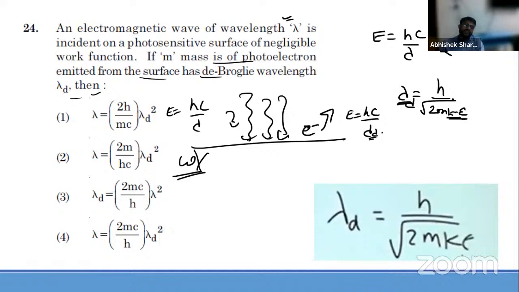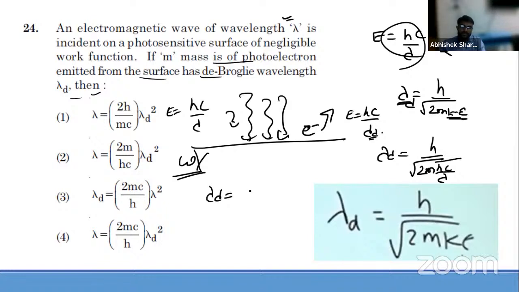So if we put this kinetic energy here, again it's coming complex. So lambda d comes out to be h upon under root 2m kinetic energy, and this kinetic energy is hc by lambda. Root will cancel out, so this will be under root twice of m c by lambda.